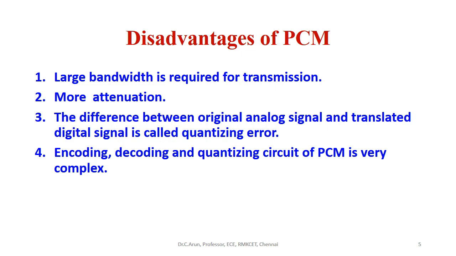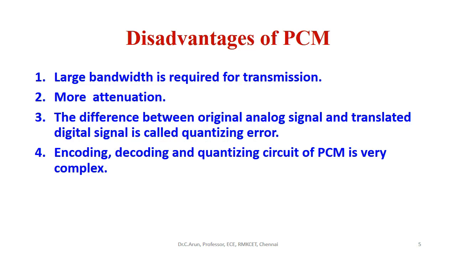Disadvantages of PCM: large bandwidth is required for transmission. Compared to analog communication, this is the major disadvantage in the entire digital communication system. More attenuation, so obviously it will not travel a long distance. Regeneration is required at frequent stages.